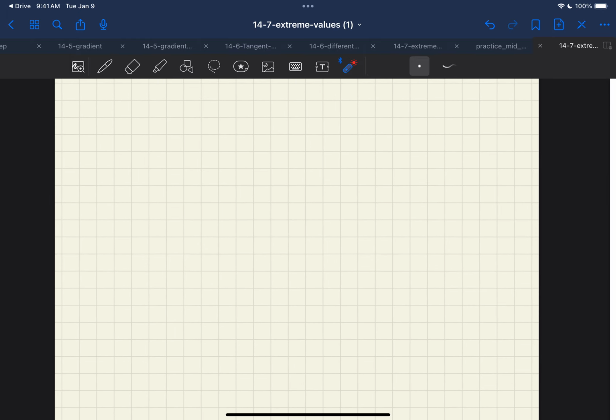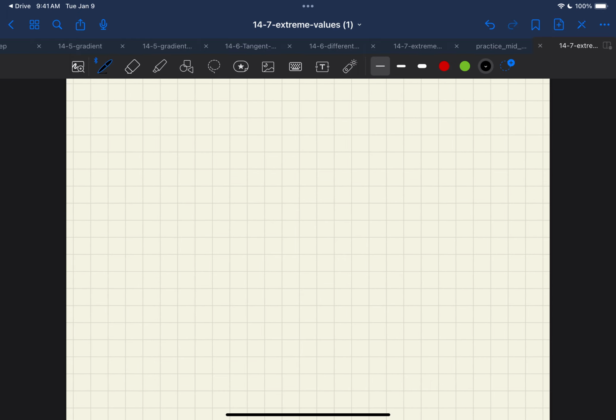So the function we're given is f(x,y) equals y squared minus x squared. And this is a smooth function. In other words, you can always take the derivative. Its derivative with respect to x is negative 2x, f_y is just 2y.